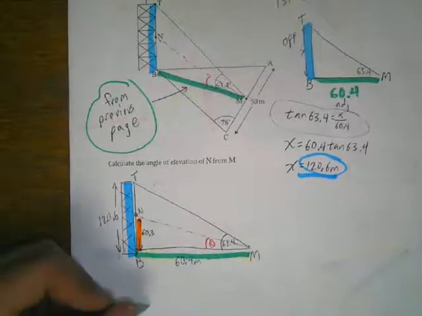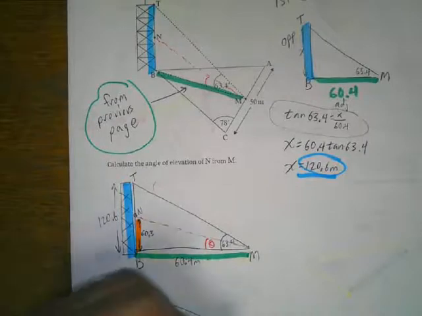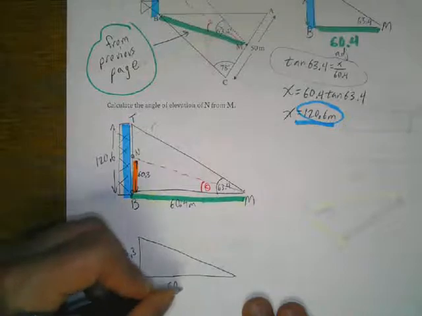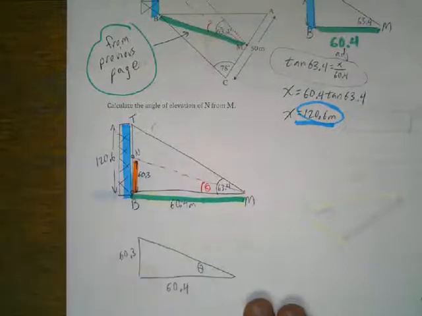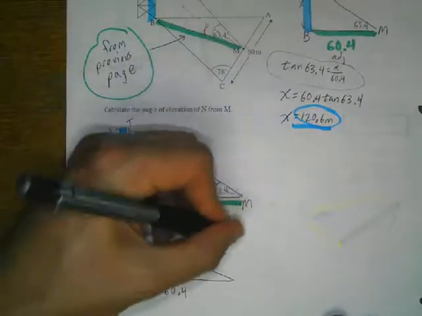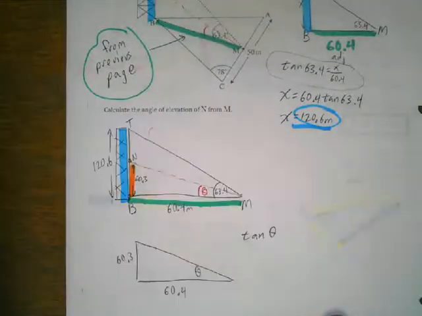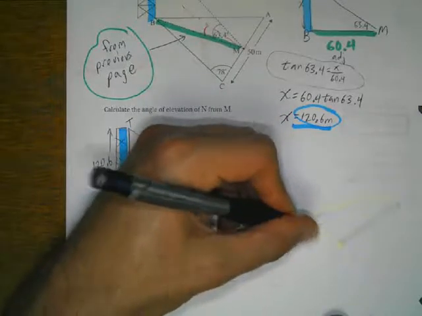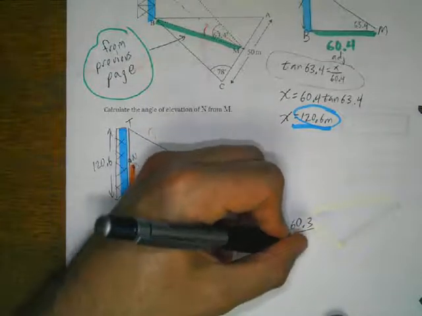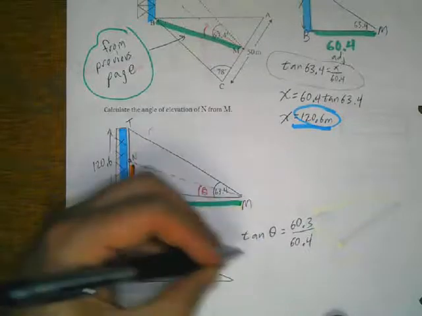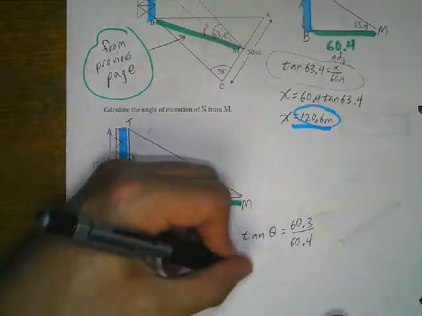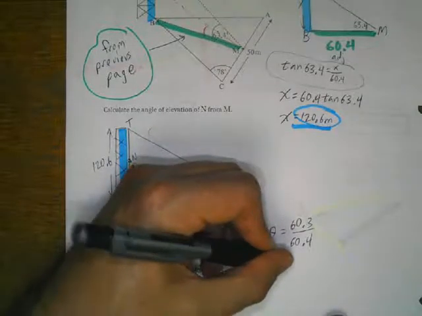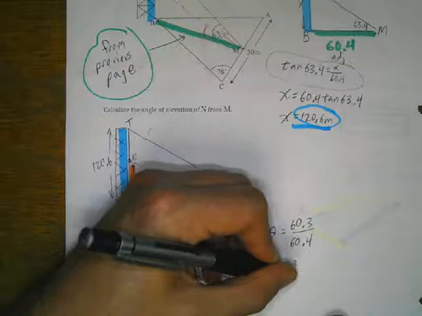So I've got 60.3 and 60.4, and we're trying to figure out that angle. So I could say tangent theta is equal to opposite over adjacent, so 60.3 divided by 60.4, and so we can do the inverse of that, so tangent inverse of 60.3 over 60.4.